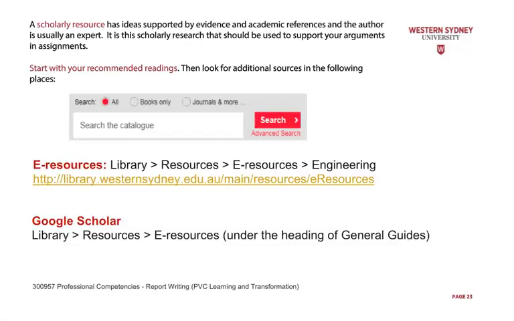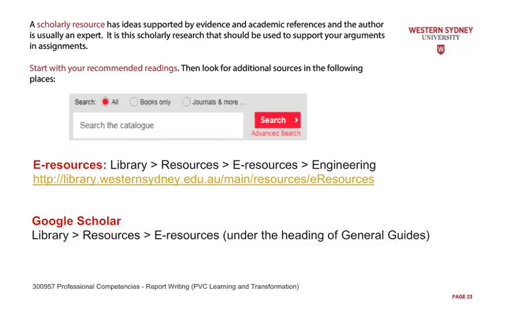When looking for articles to reference in your report, you'll want to use scholarly resources. A scholarly resource has ideas supported by evidence and academic references, and the author is usually an expert. It is this scholarly research that should be used to support your arguments in your assignments. So where will you find these kinds of articles? First, start with your recommended readings.